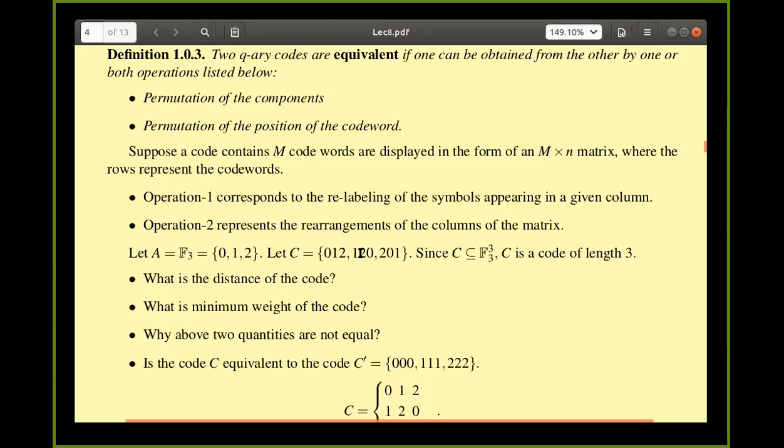I am requesting you many times to please revise, so that it will be easy for you and for me also. Otherwise, I have to repeat the same things again and again. So lambda, lambda, lambda, where lambda belongs to 0, 1, 2, then I'll get this.